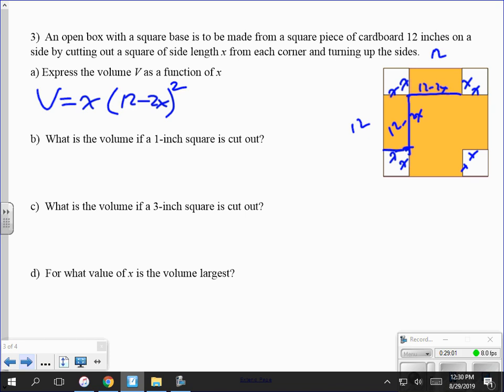Okay, what's the volume when you cut out a 1-inch square? Yeah, plug in 1.